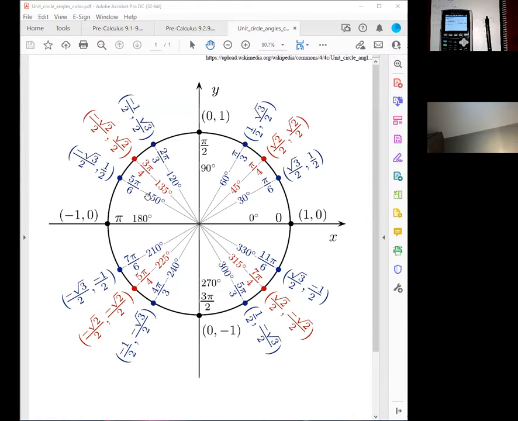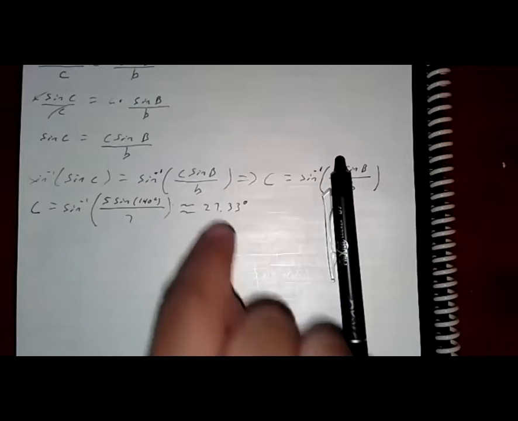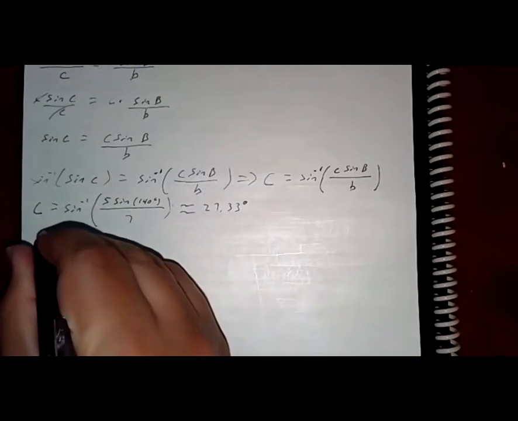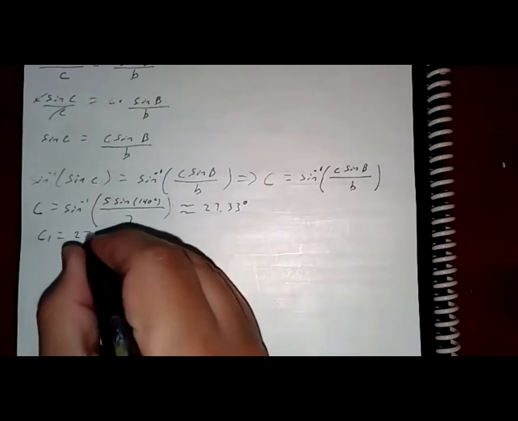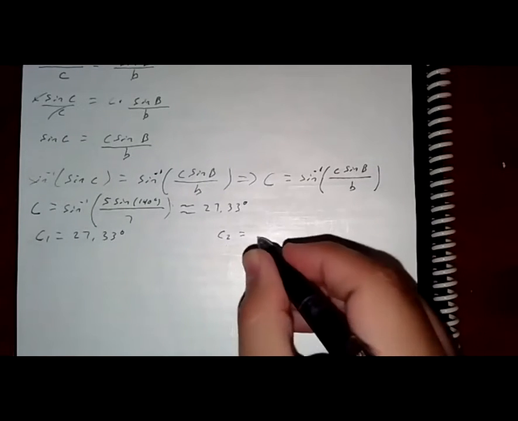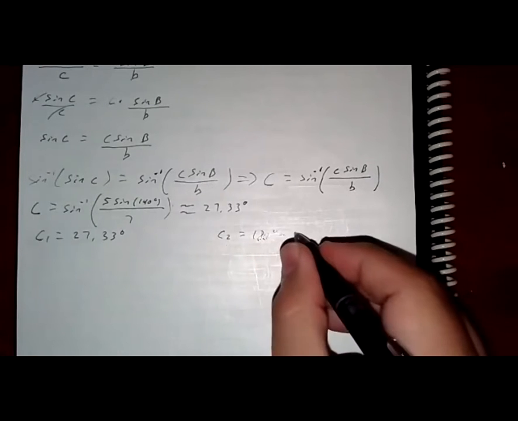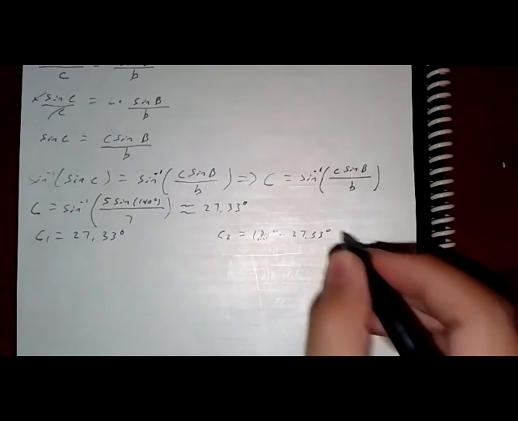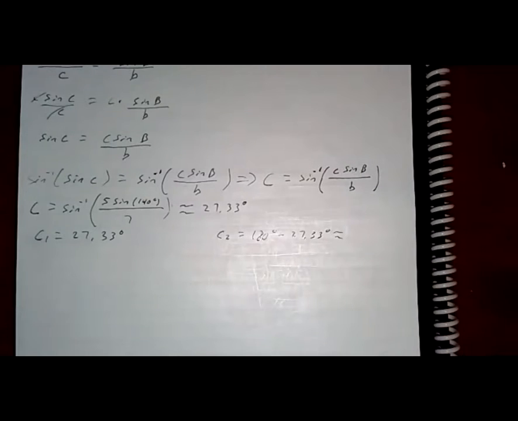The reference angle of this solution is 30, so 180 minus this solution will give me the other answer. Meaning the answer that I found, the 27 point whatever, we'll have to subtract from 180. So we have a C1 equal to this, and a possible C2 of 180 minus 27.33.